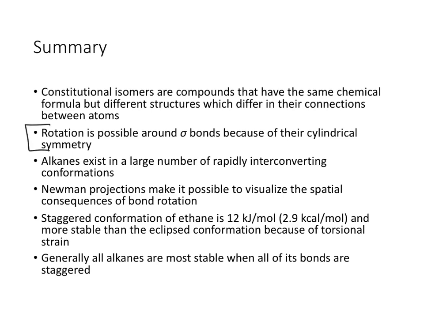Rotation's possible around sigma bonds, and therefore alkanes can exist in a large number of rapidly interconverting conformations. Newman projections are useful in visualizing the spatial arrangement of the atoms as a consequence of bond rotation, and the staggered conformers are more stable than the eclipsed conformers, and the staggered anti is the most stable, where that term is applicable.